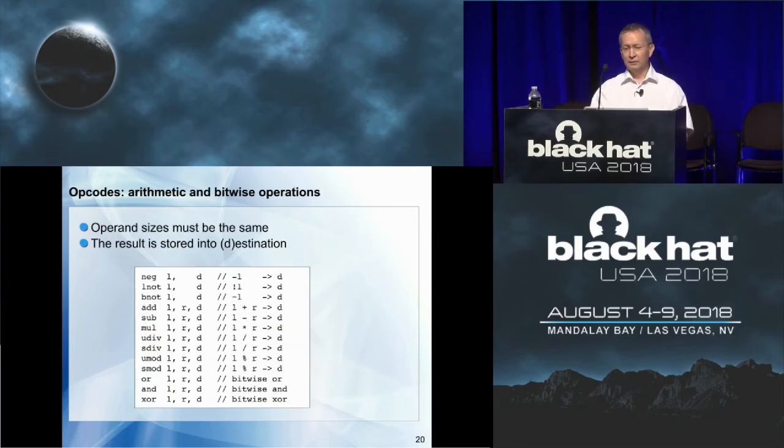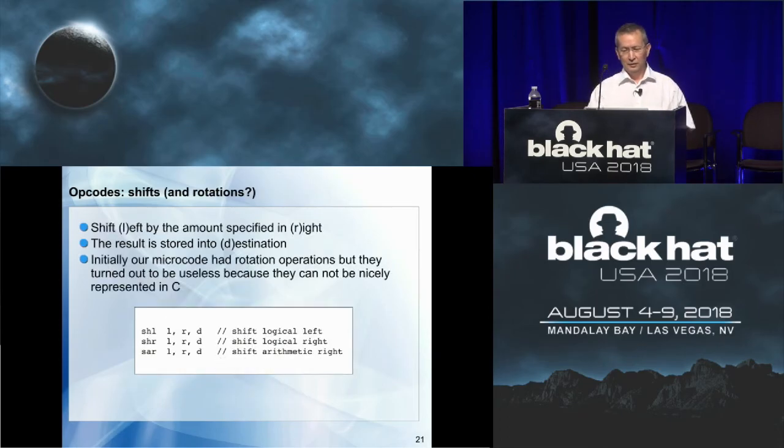Then we have a natural set of arithmetic and bitwise operations. Nothing to say here. The shifts, we have only 3 shifts and no rotations. The rotation operations existed initially in the microcode, but later we decided to throw them away because they turned out to be useless.